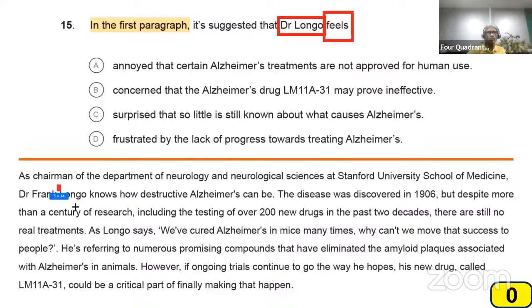Here Longo knows. It's silent inside. But Longo says. So he's expressing his opinion or his feelings. In the second part, you find the answer.